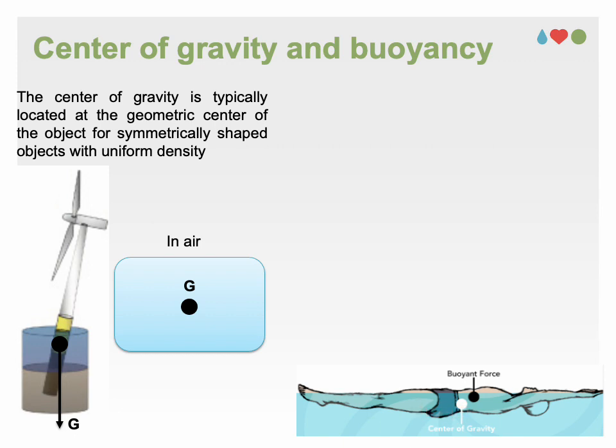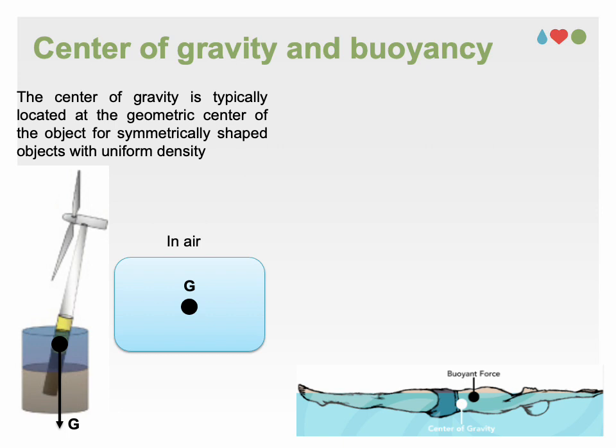Regardless of the object shape, the center of gravity is the point about which the object's weight is evenly balanced in all directions.